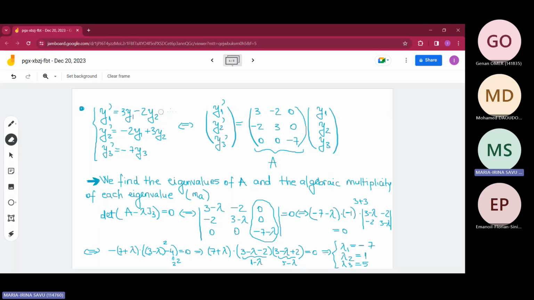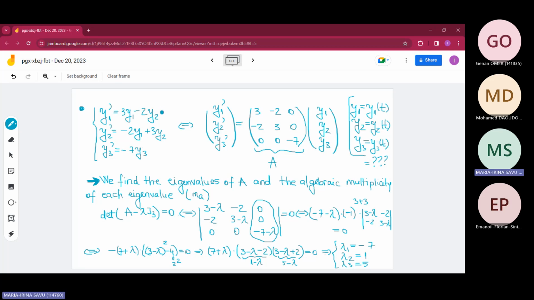Because you don't have here something which is a constant or a function depending on t. Let's say that in all the cases, the functions depend on a variable t. So y1 is a function depending on t, then y2 is a function depending on t, and y3 also. So you have three functions that depend on t, and you don't know them, so you must find them.